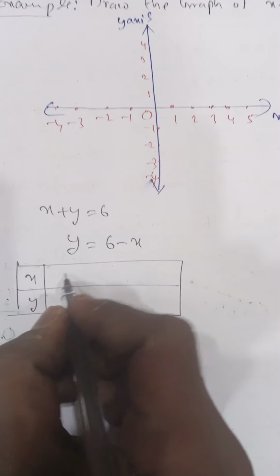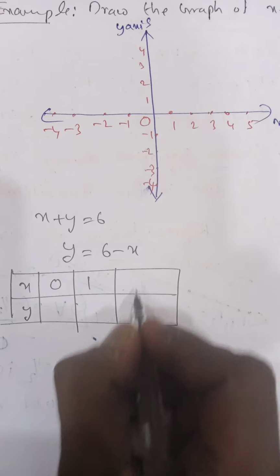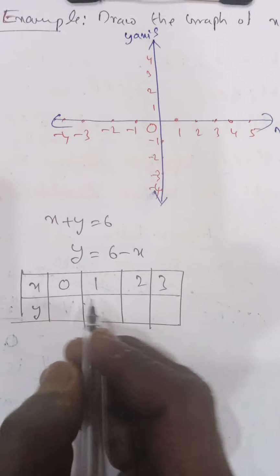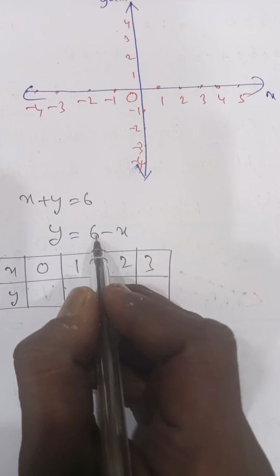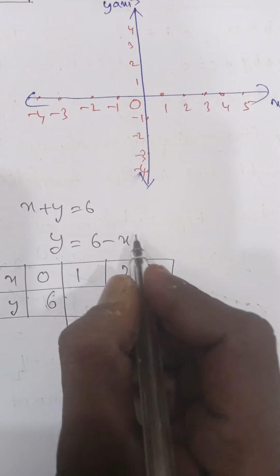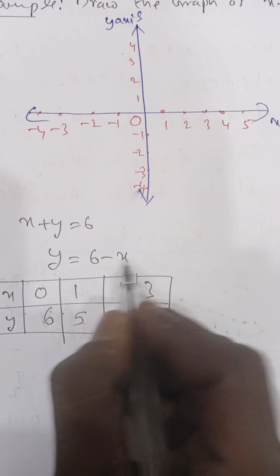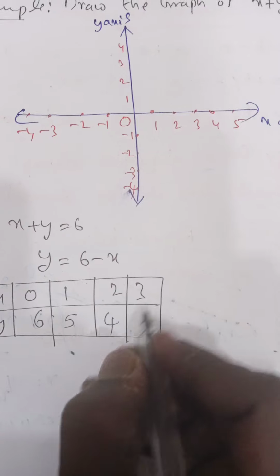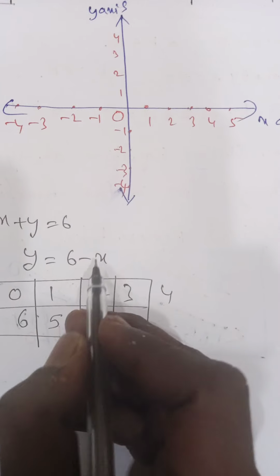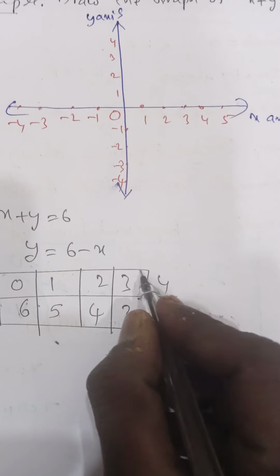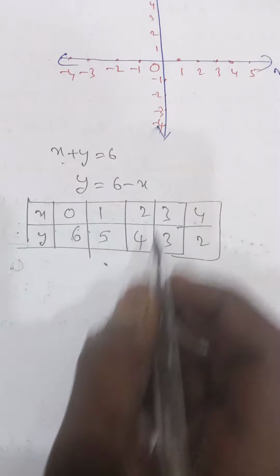In the place of x I can take values 0, 1, 2, 3, like that. If x equals 0, then y is 6 minus 0, that is 6. If x is 1, y is 5. If x is 2, y is 4. If x equals 3, y is 3. If x equals 4, y is 2.